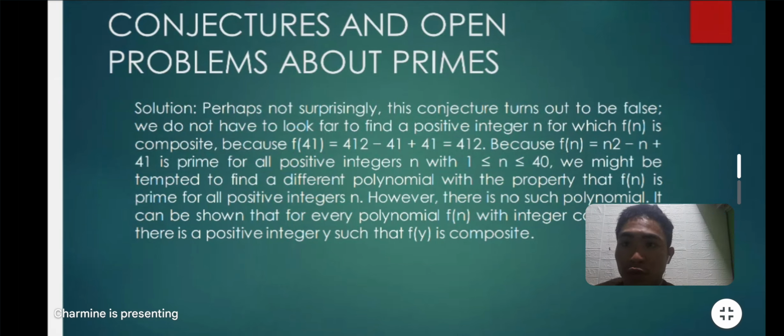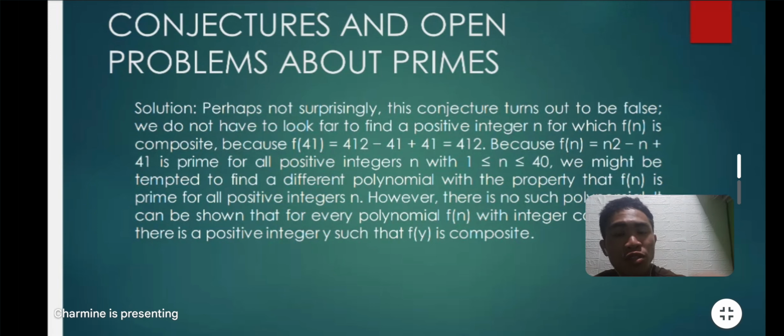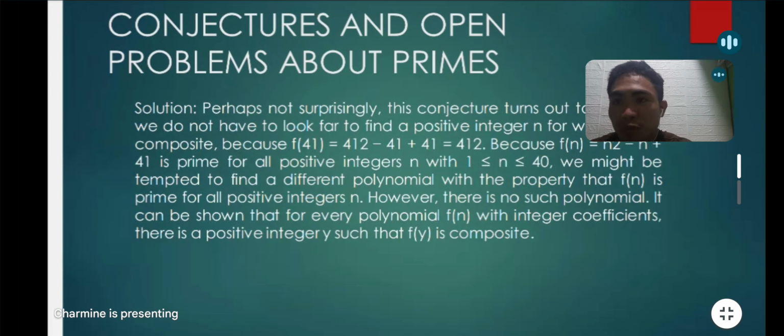We do not have to look far to find a positive integer n for which f(n) is composite, because f(41) equals 41 squared. Indeed, 41 squared minus 41 plus 41 equals 41 squared, even though f(n) equals n squared minus n plus 41 is prime for all positive integers n up to n equal to 40.